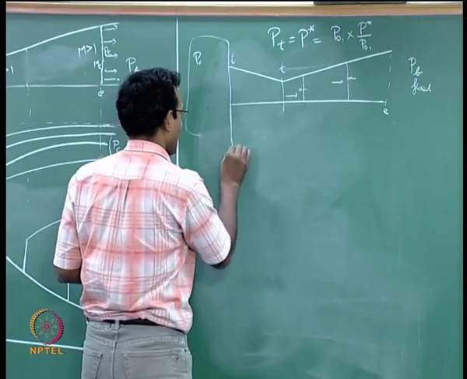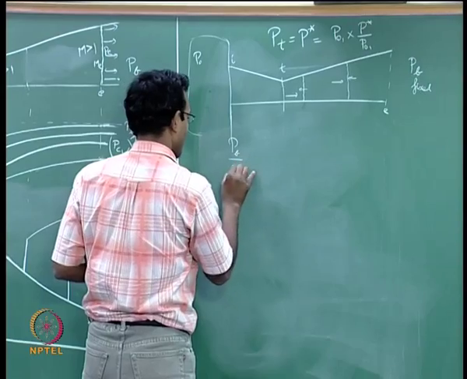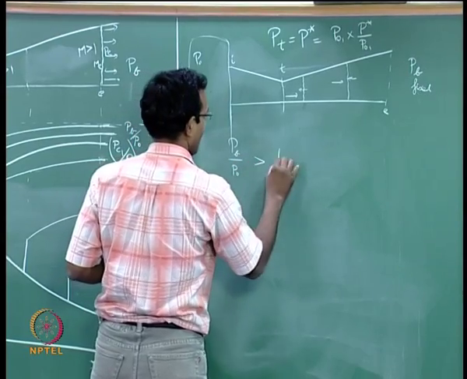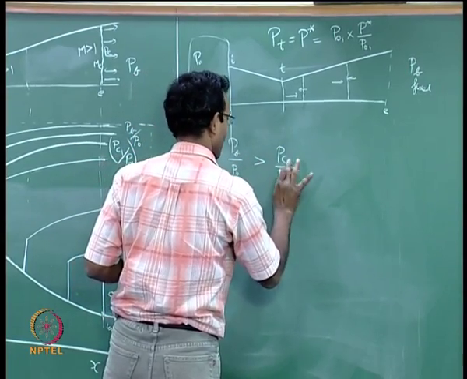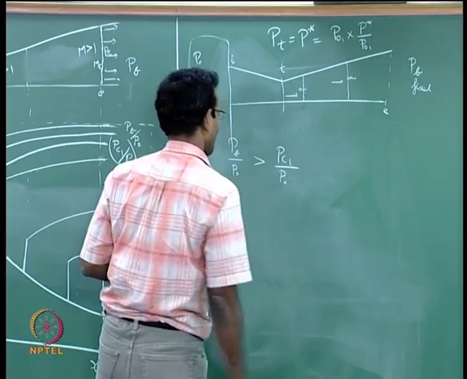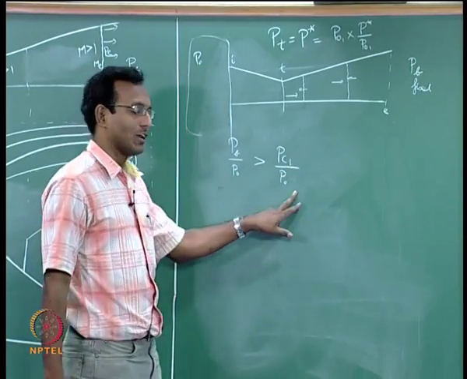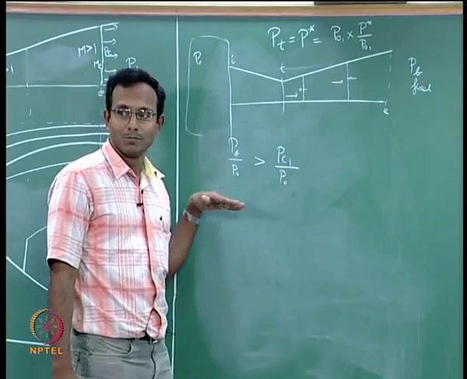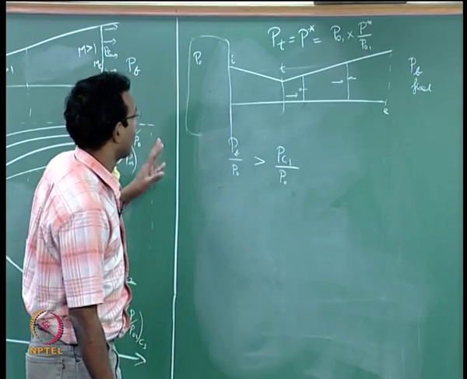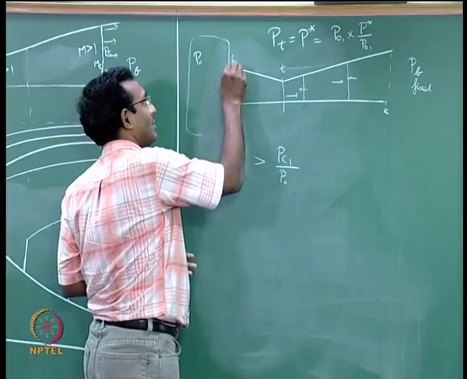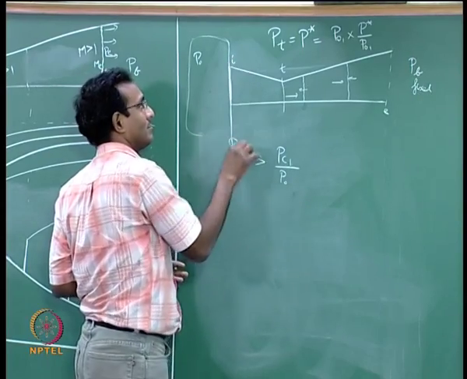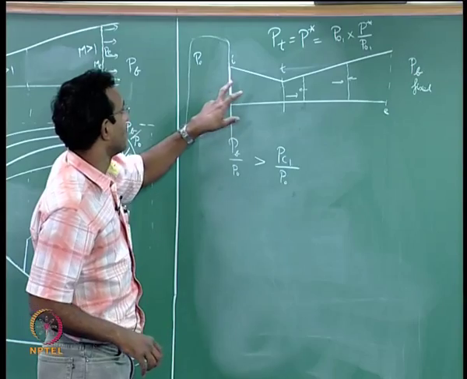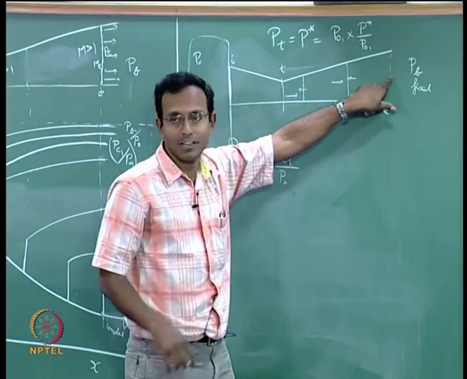Pressure Pb by P0 greater than P critical 1 by P0. This is a very simple case. We know for this particular condition, flow is always subsonic. Flow is fully subsonic, easy to calculate. I know my area here, and I know it has to reach this pressure finally.